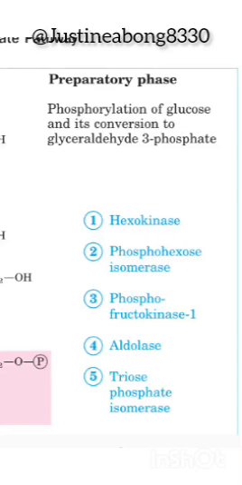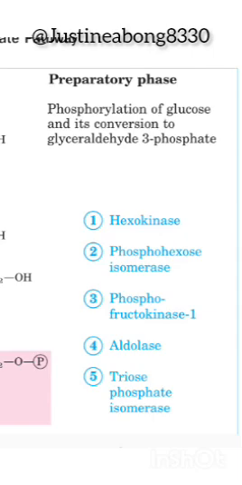For hexokinase, there are two hormones in the hormonal regulation, insulin and glucagon. Glucagon would inhibit this enzyme's activity, but insulin will stimulate this enzyme's activity.